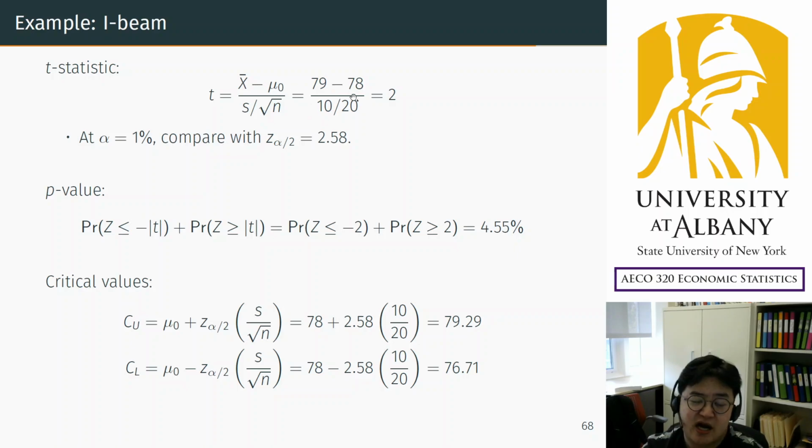You are going to standardize. You believed the actual height was 78, but actually it measured 79. So the difference is plus 1. After standardization, you get 2. Standardized difference is 2. And because we are using 1% significance level, the threshold is 2.58, which is wide.